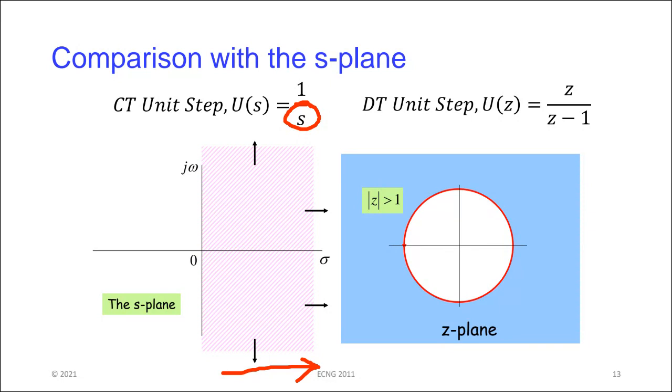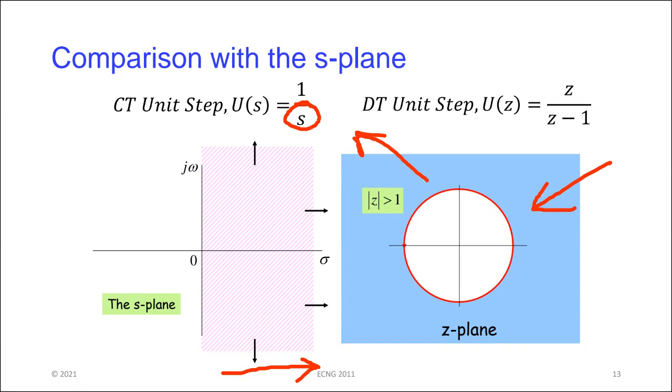And that was on the right-hand side of the S-plane. The discrete time unit step is converging outside of the unit circle. So the comparison with the S-plane is that the right-hand side of the S-plane corresponds to the outside of the unit circle in the Z-plane.